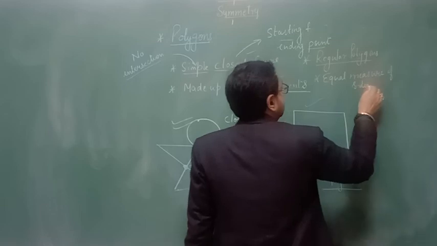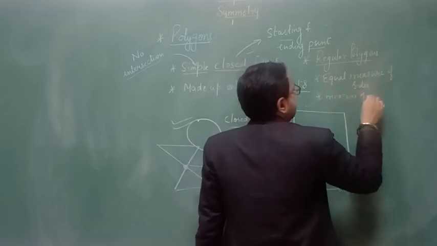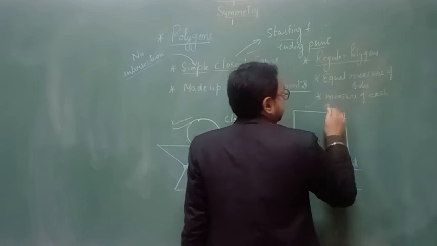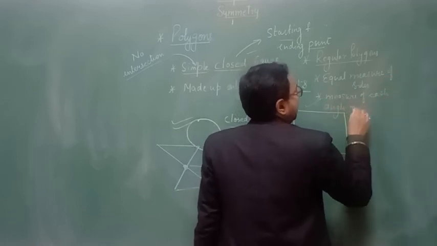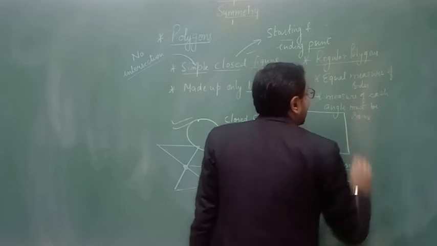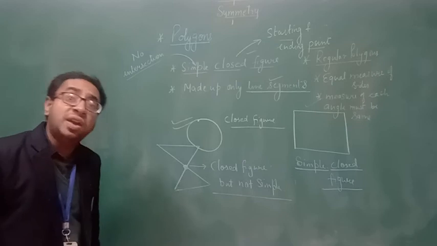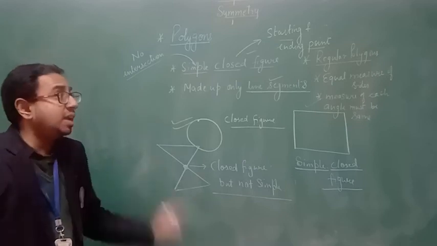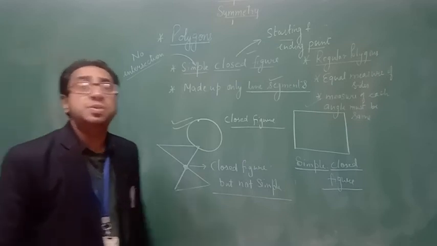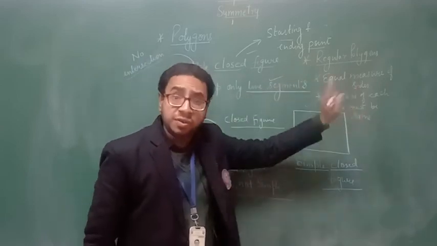Secondly, the measure of each angle must be the same. Very, very important. It means that if 5 sides are there and each side is 2 cm, all 5 sides must be 2 cm. If one angle is 60 degrees, all the angles must be 60 degrees. That is a regular polygon. Equal measure of sides is the first condition.